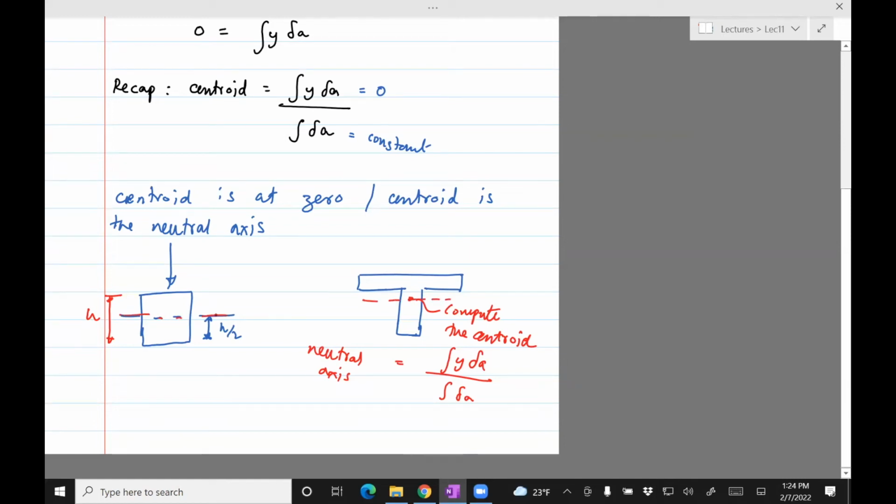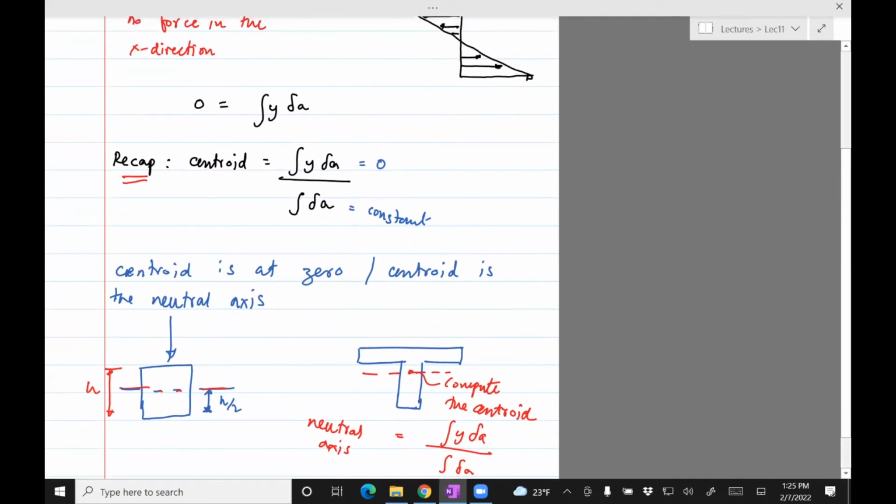And so we'll do a problem where you will be computing the neutral axis for a non-regular shape, like a T section. An I section is nice because it's right in the middle, but for something which is not symmetric about the horizontal, it's really hard to figure out the neutral axis, but you can do it through the centroid. So that's why this kind of derivation is important. Now you know how it comes.